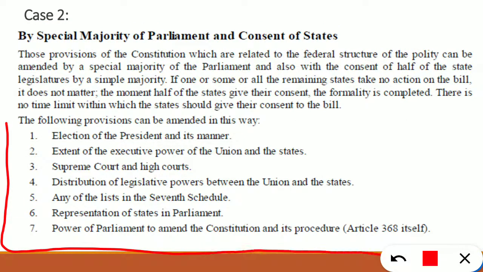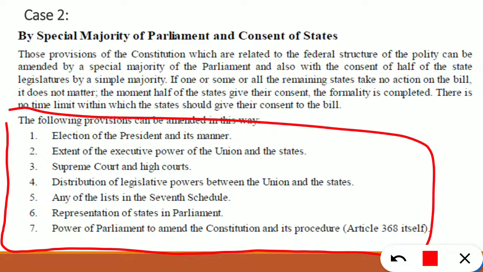So where is special majority plus consent of the states used? Election of the president and its manner. The president is of whole India. There will be only one president, president of India. To change anything, any article about the president, this majority is used and consent of the states is needed, because it will change the federal structure of the Indian Constitution.